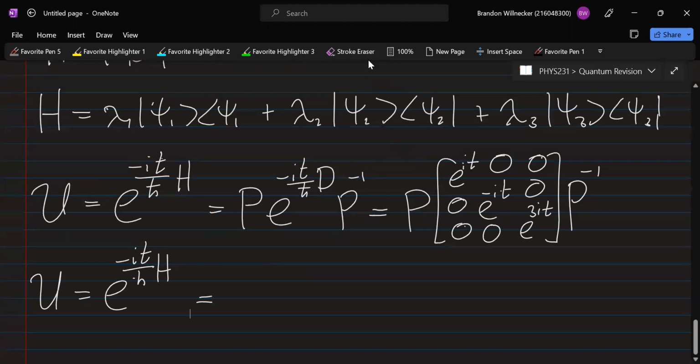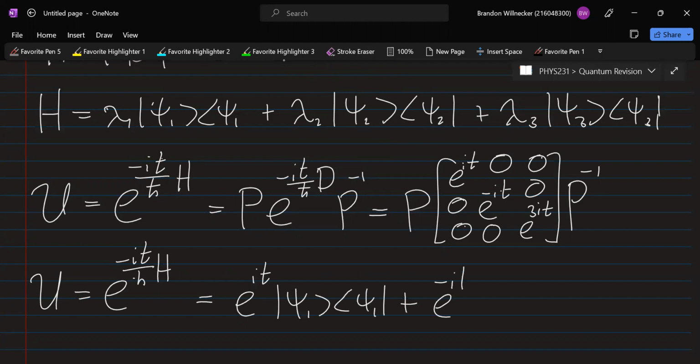And now using this projector method, it's going to be e to the RT for the first eigenvalue times the projector, plus e to the minus RT, substituting the second eigenvalue, times its projector, plus e to the minus 3RT. Sorry, there's a minus for the e to the minus 3RT times its projector.